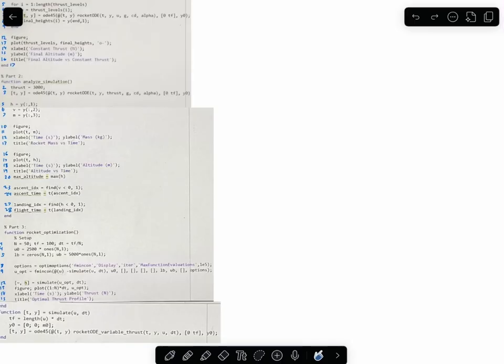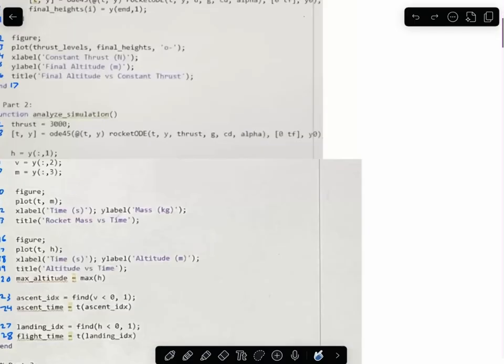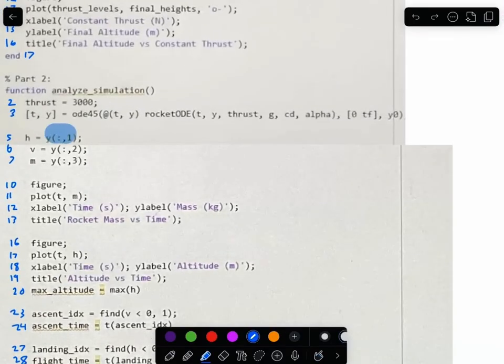The design project also wanted us to make sure that the mass never falls below the dry mass. Once again, in part 2, this is verified using a mass versus time plot. Then the project wanted us to find our max altitude, ascent, and flight time. All of these values were calculated from part 2. See if I can find the exact specific, using these lines here.